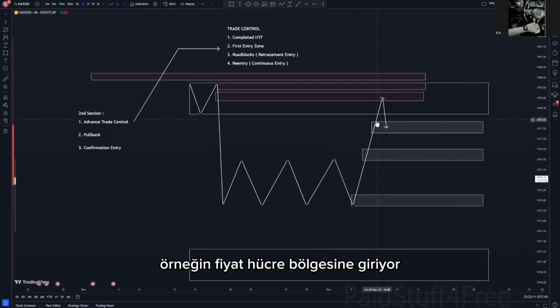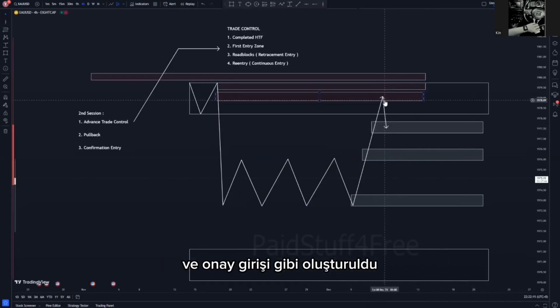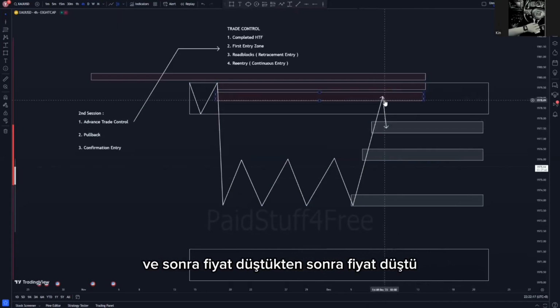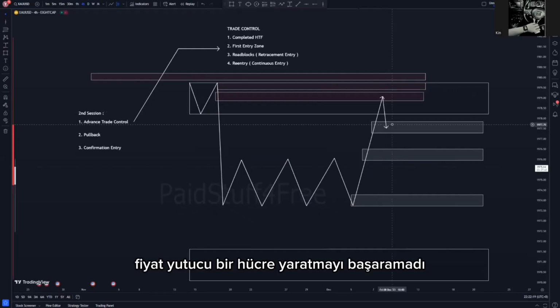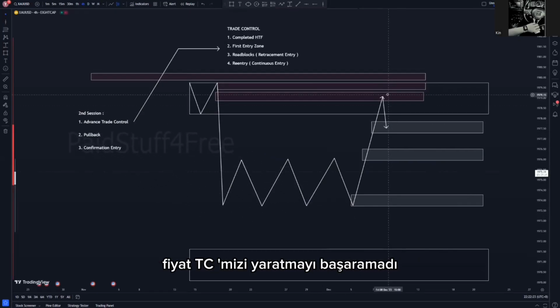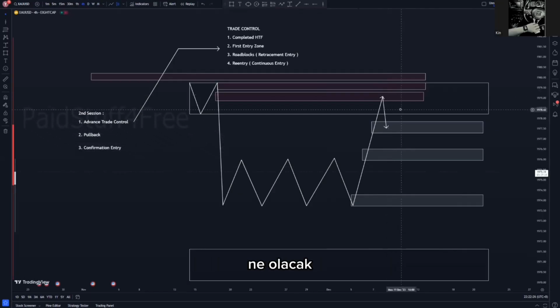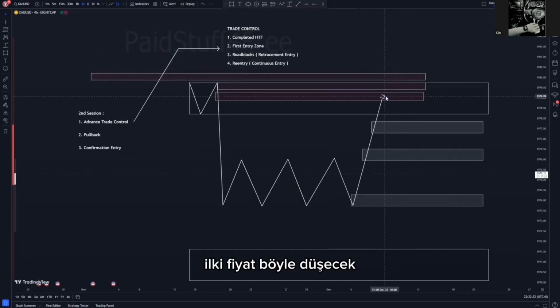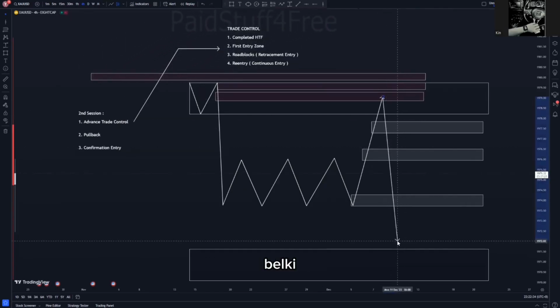So for an example, the price gets into the sell zone and creates the confirmation entry, and then the price went down. After it went down, the price didn't manage to create an engulfing sell, which means the price didn't manage to create our TC. What will happen? There will be two things. The first one, the price is going to go down like this, maybe.